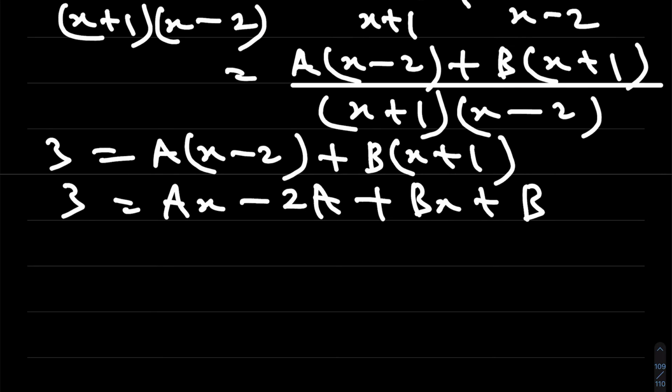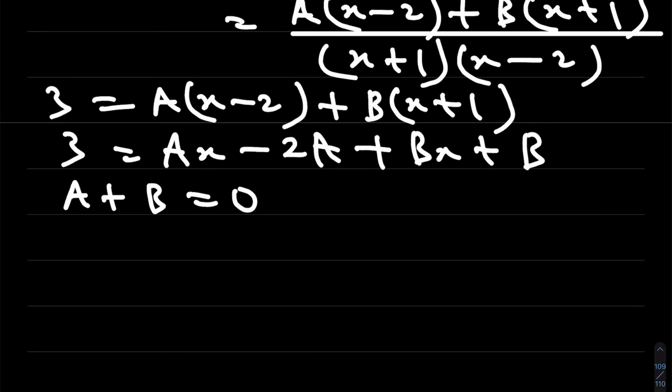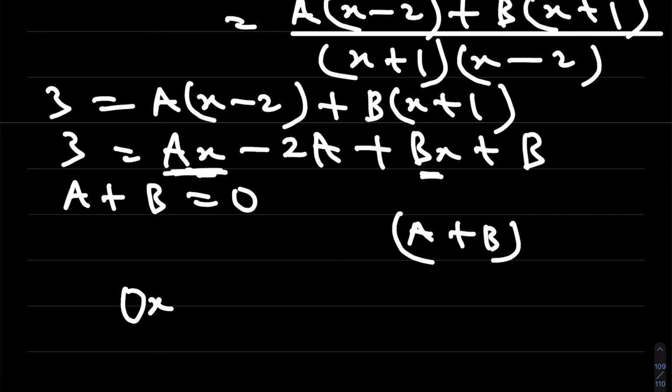Now, if I compare the coefficients of x, A plus B will be equal to 0. There's no x term on the left hand side, so that's the same as just saying 0x. On the right hand side, I can simply write Ax plus Bx as A plus B times x.